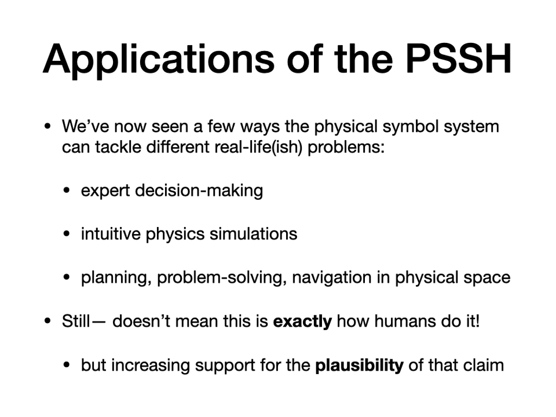Real-ish life problems, right? So expert decision-making for important decisions, this sort of intuitive physics, this sort of best guess at physics, knowing that things will topple in a certain way, and all the planning, problem-solving, navigation type things that Shaky manages to achieve.